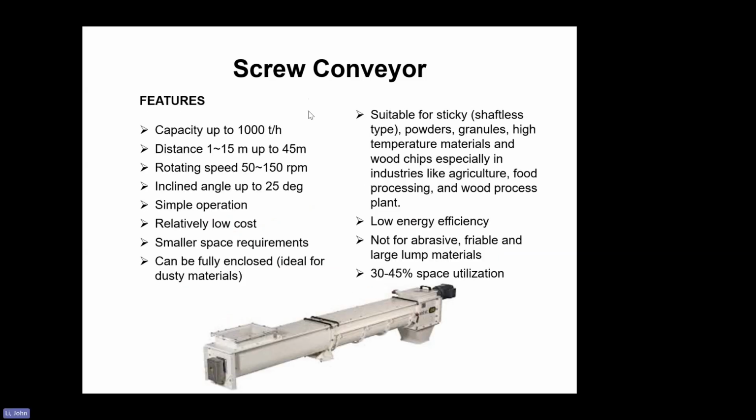For the screw conveyor, the capacity is up to 1,000 tons, but usually less than 100 tons per hour. That's mostly used. And the distance is mostly 1 to 15 meters, but up to 45 meters.